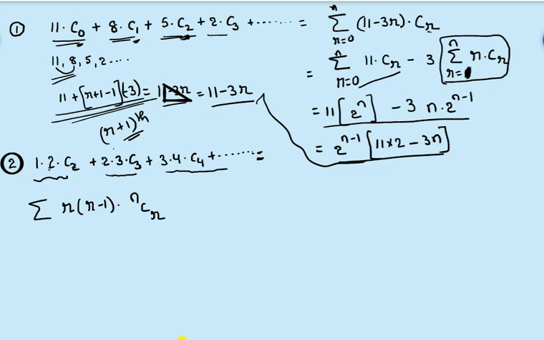Cr is nothing but nCr, where r is running from where to where? r equals 2 to n. Because r equals 2 gives the first term, r equals 3 the next term, like that.